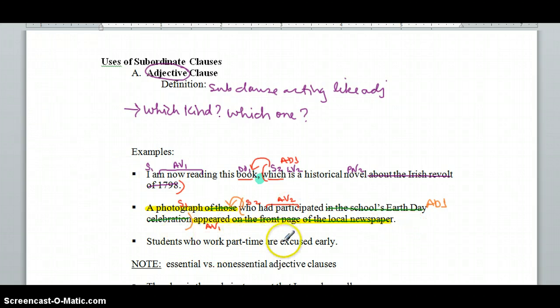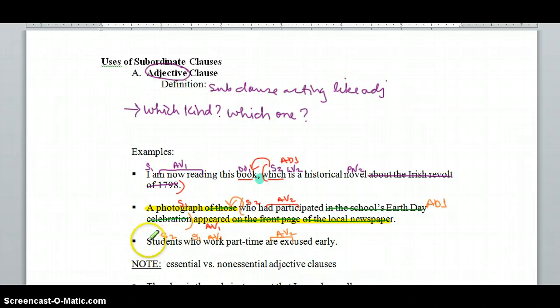Students who work part-time are excused early. There are no prep phrases here. So the first verb I find is work. Who or what work? In this case, it's who work. Are excused is my next verb I find. Who or what are excused? Students are excused.